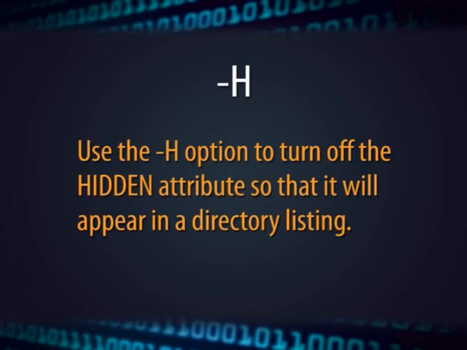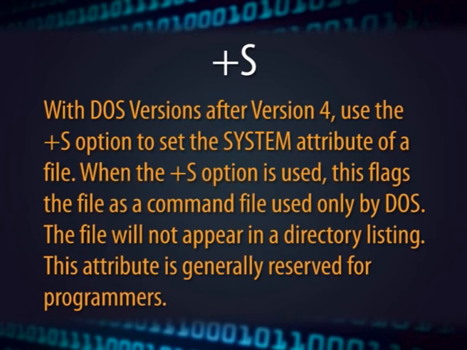+s. With DOS versions after version 4, use the +s option to set the system attribute of a file. When the +s option is used, this flags the file as a command file used only by DOS. The file will not appear in a directory listing.